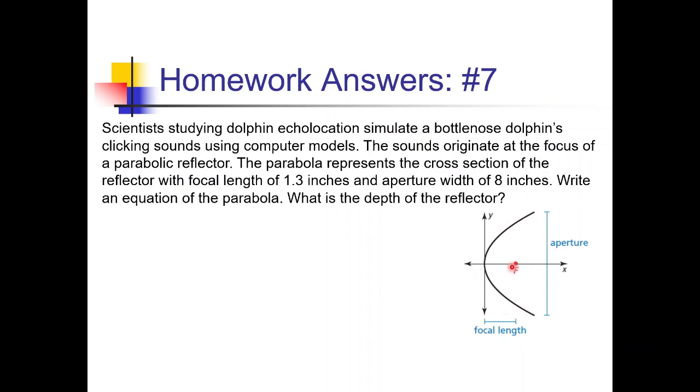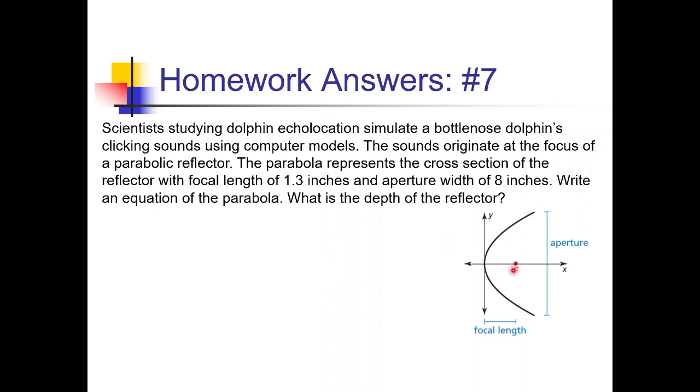And this parabola represents a cross-section of the reflector with a focal length of 1.3 inches. So it's 1.3 inches from the vertex to the focus. That's good to know. We also have an aperture width, that's this width right here, of 8 inches. It's not immediately apparent how that's going to help us, but it will later, trust me. They want us to write an equation of the parabola and then find the depth of the reflector.